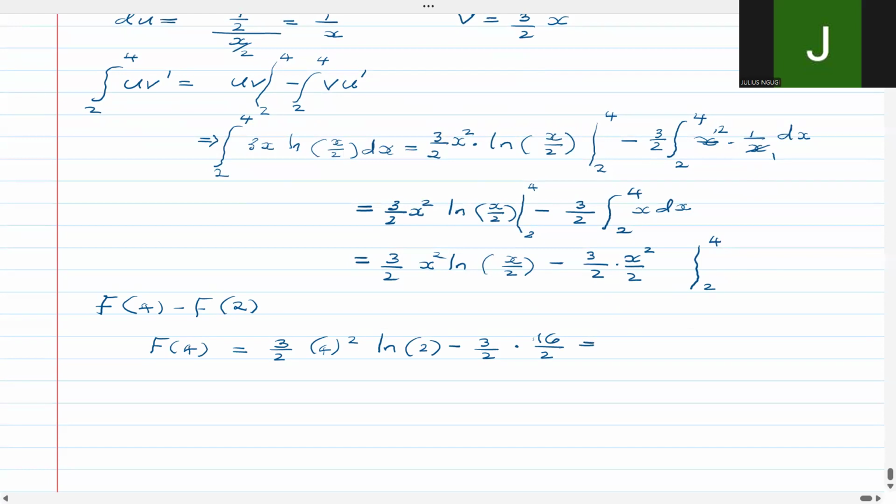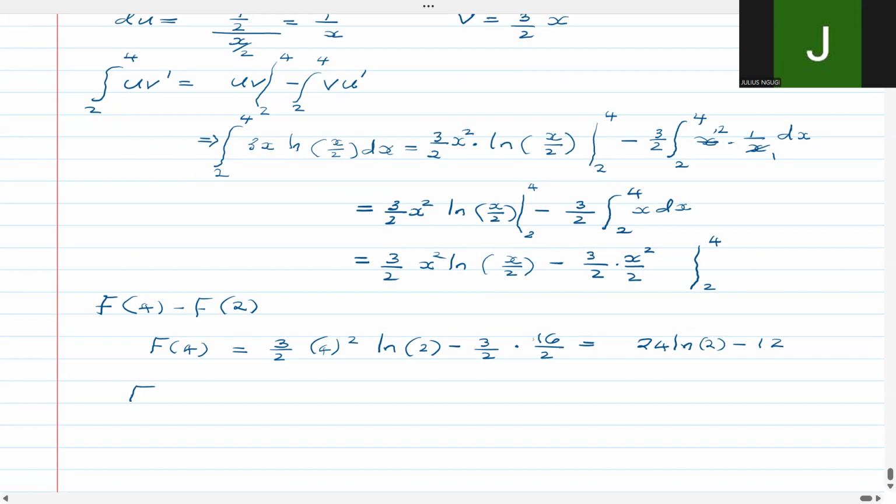So this one becomes 3 over 2 times 16, that's 3 over 8, which is 24, ln of 2, minus, this is 4 and this is 16, so 3 times 16 over 4, that's 12.